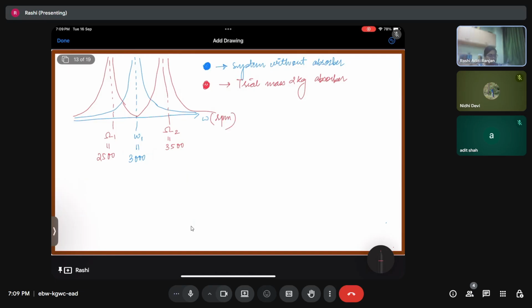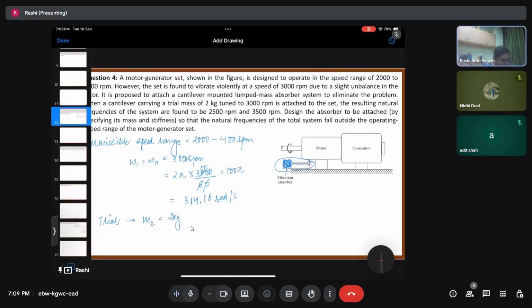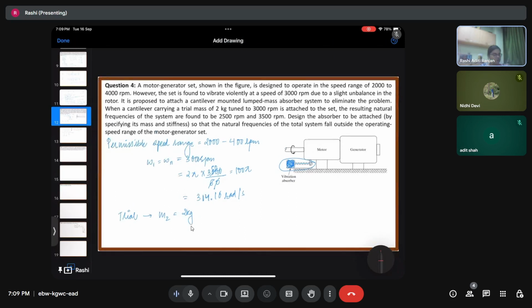Now, design the absorber to be attached by specifying its mass sensitiveness so that the natural frequencies of the total system fall outside the operating speed range of the motor generator system. We already have the operating range as 2000 to 4000.